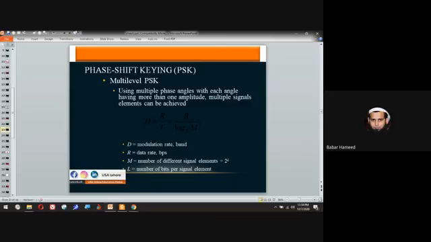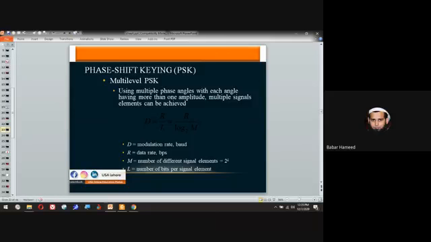However, the encoded signal contains L equal to 4 bits in each signal element using M equal to 16 different combinations of amplitude and phase.